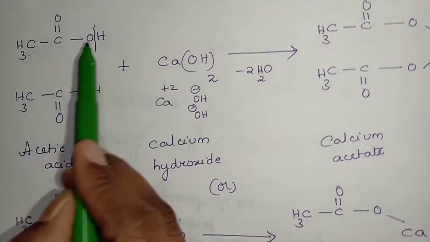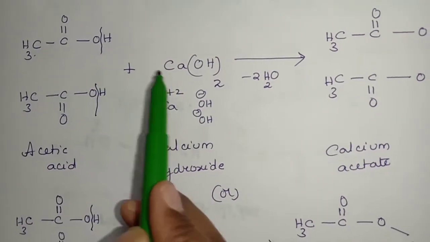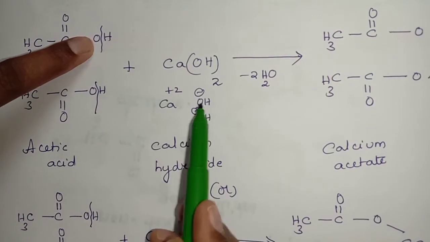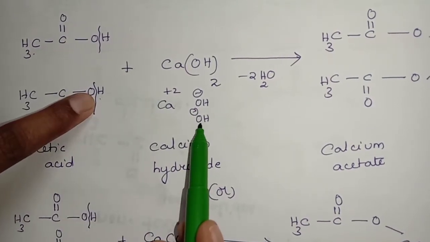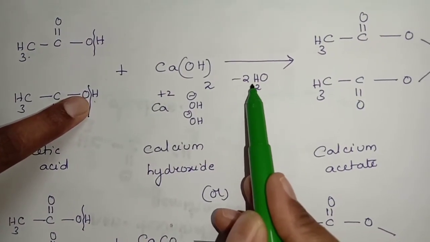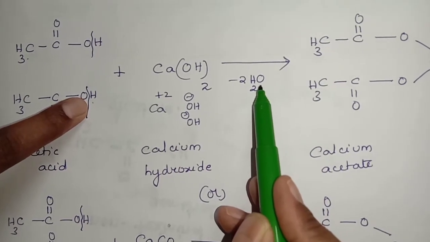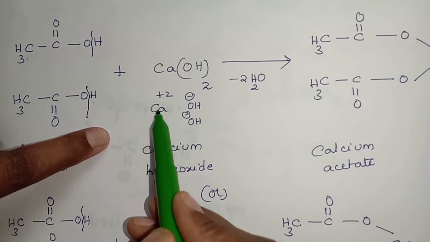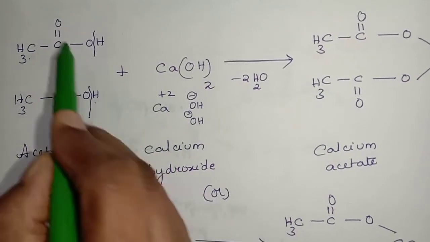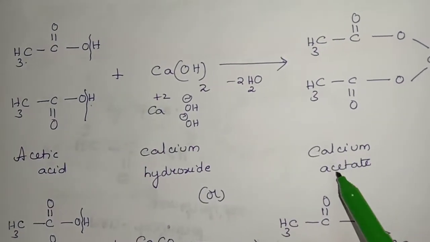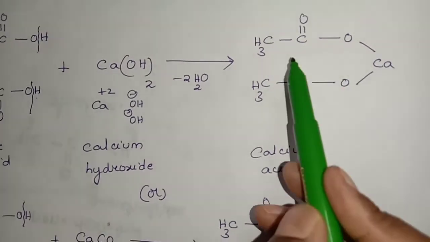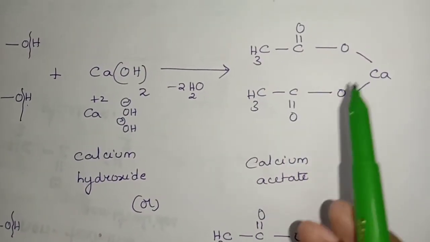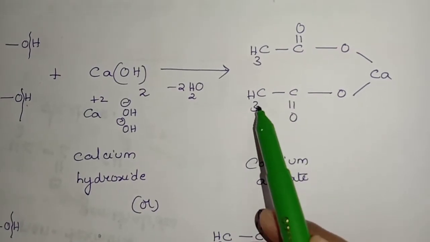Now the bond breaks when these two react, H plus and OH minus, so a total of 2 water molecules come out and Ca plus 2 remains. So Ca plus 2 links with these 2 molecules forming calcium acetate: CH3 C double bond O, O, Ca, O, C double bond O, CH3.